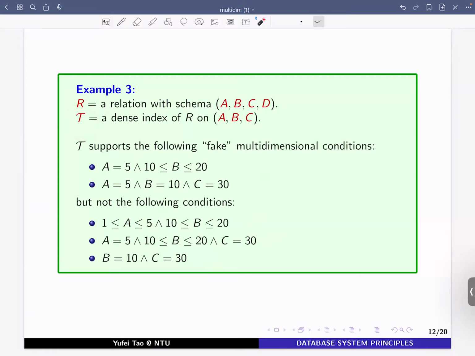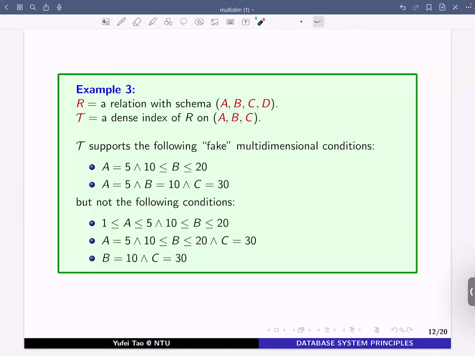Efficiently means you are able to achieve log base lambda of n plus k over lambda. Still remember this excellent query bound that can be guaranteed by the B tree. And this B tree is able to guarantee exactly that query bound for two of these five queries.